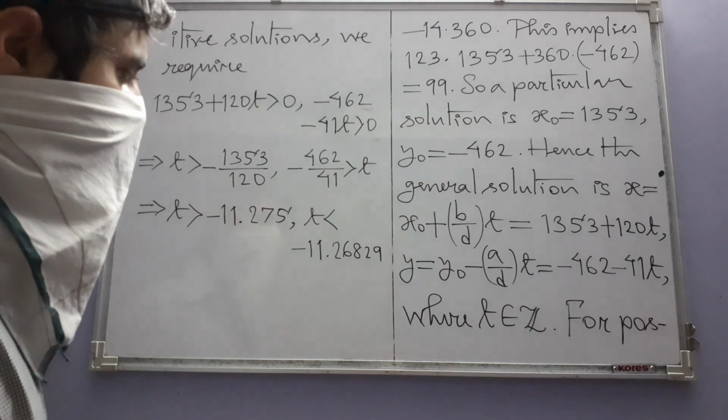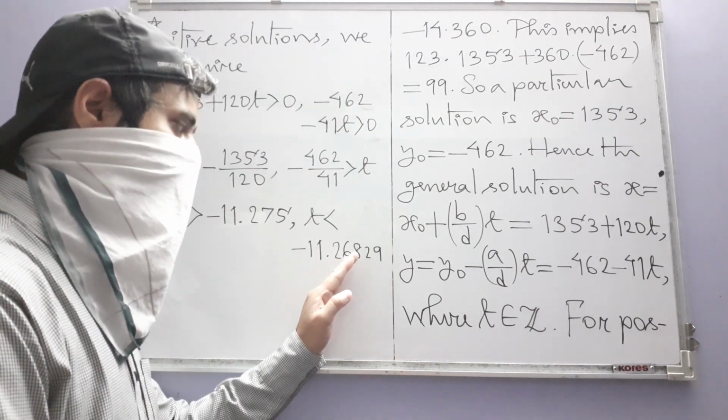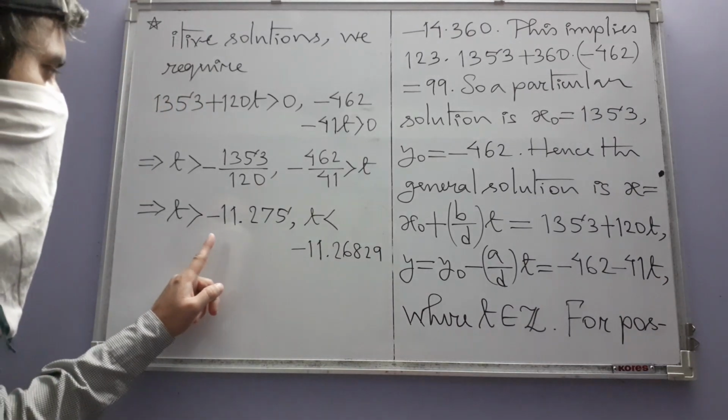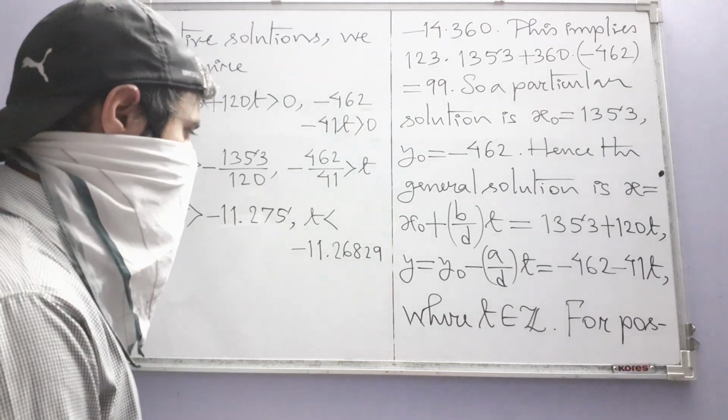Now t should be less than minus 11.26829 and t should be greater than minus 11.275.